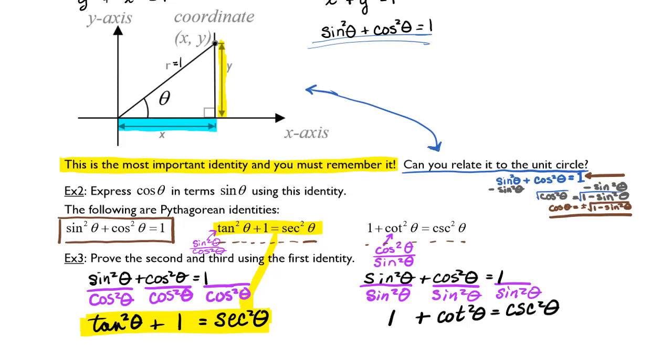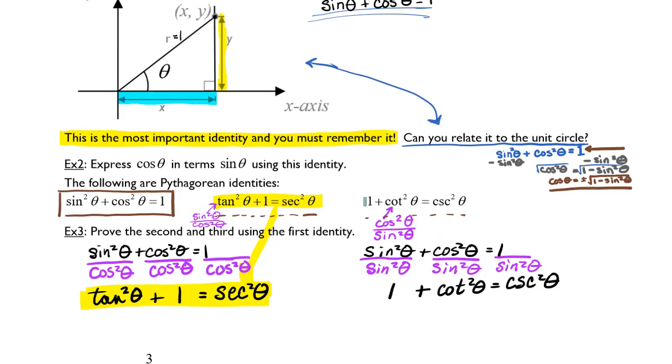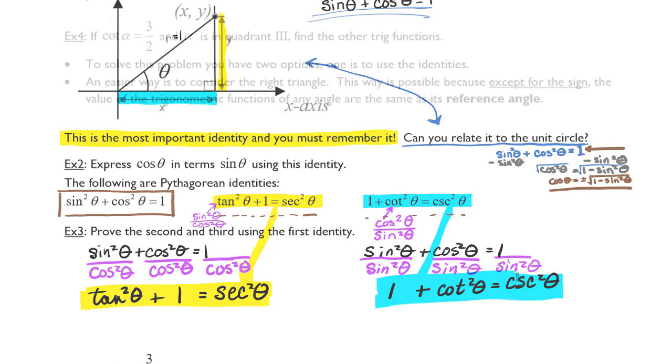Ta-da! It worked. And this shows that I can derive the second Pythagorean identity from my first Pythagorean identity and get the new one: 1 plus cotangent squared theta equals cosecant squared theta.